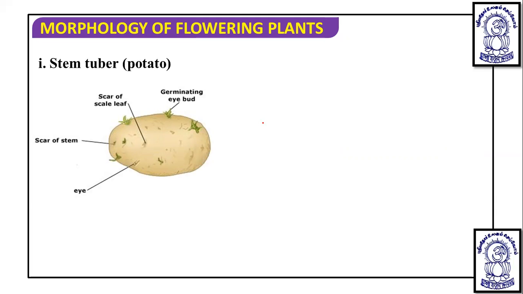See how this occurs. Suppose this is the stem, this is the underground part, this is the branch. This branch swells up, then it is known as a tuber. But this tuber contains some notches like this.